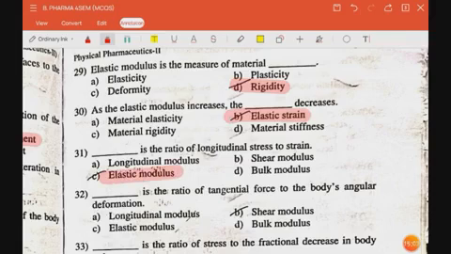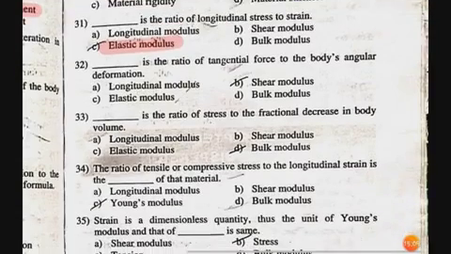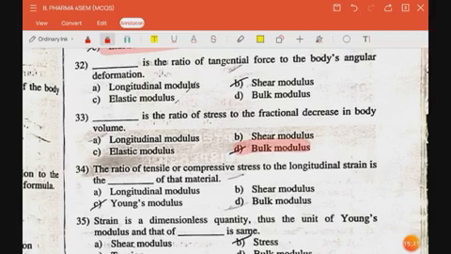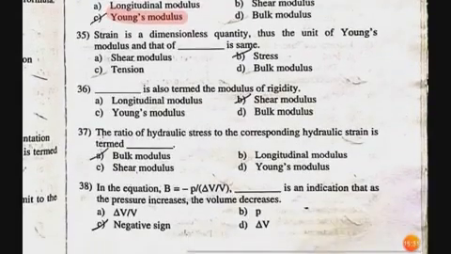The next question is dash is the ratio of longitudinal stress to strain. The answer is elastic modulus. The next question is dash is the ratio of tangential force to the body's angular deformation. The next question is dash is the ratio of stress to the fractional decrease in the body volume. The answer is bulk modulus. The next question is the ratio of tensile or compressive stress to the longitudinal strain is the dash of that material.